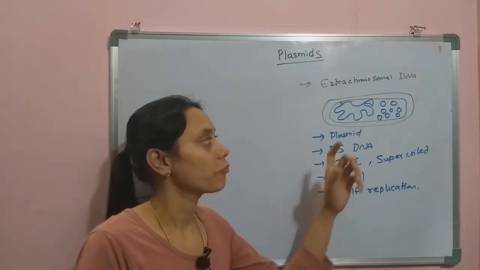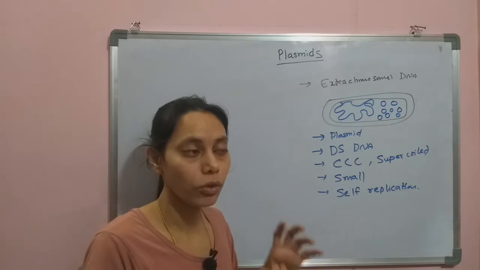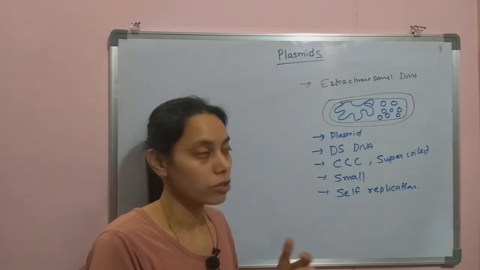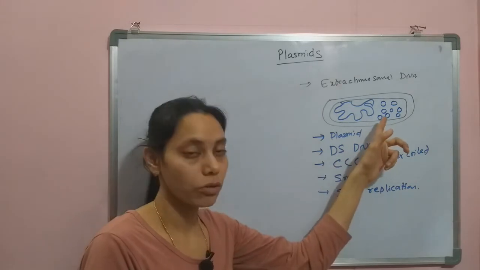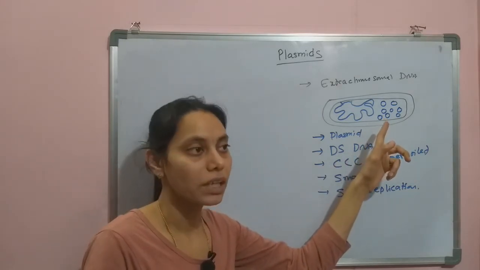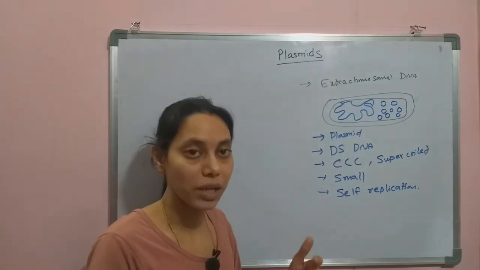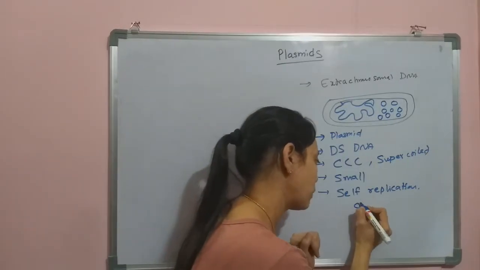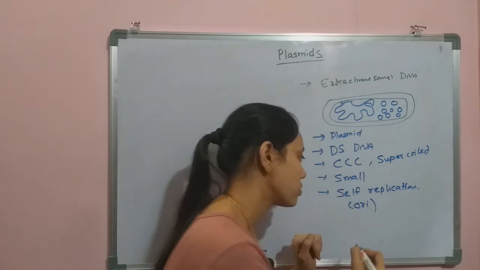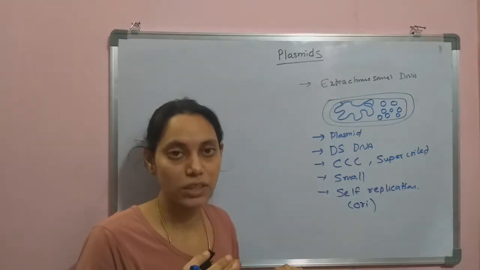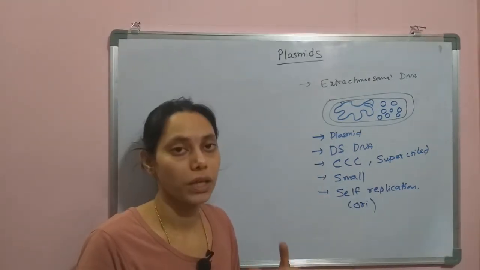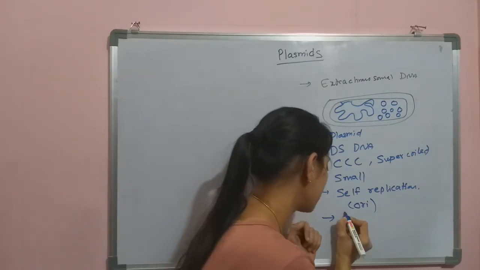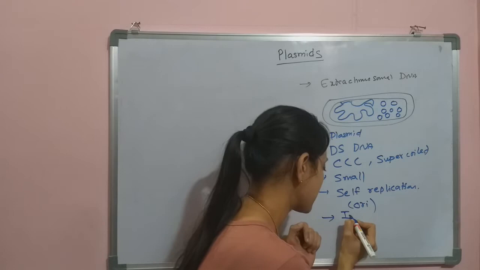That means the main chromosome will replicate only once, when the bacteria needs to divide. But this extrachromosomal DNA or plasmid can replicate on its own and maintain its copy number because of the presence of an origin of replication. Due to the presence of the origin, they can replicate on their own, and they have independent existence.